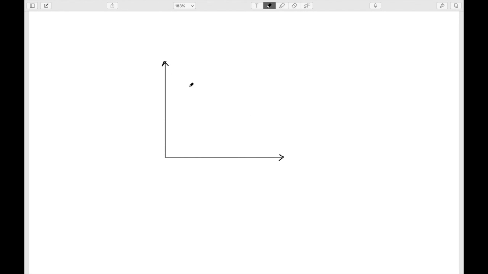If I have a VCO characteristic, this point is FREQH, and this point is FREQL. And if you see the V control, this is 0 and this one is 1.